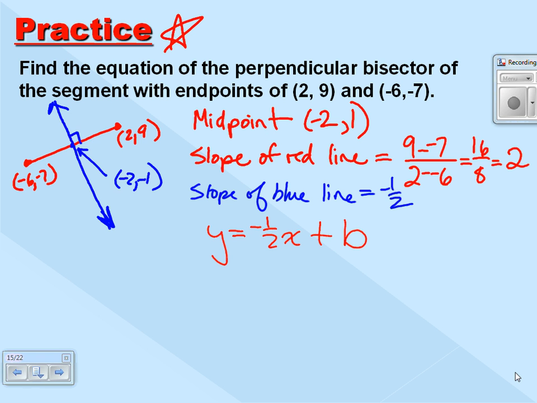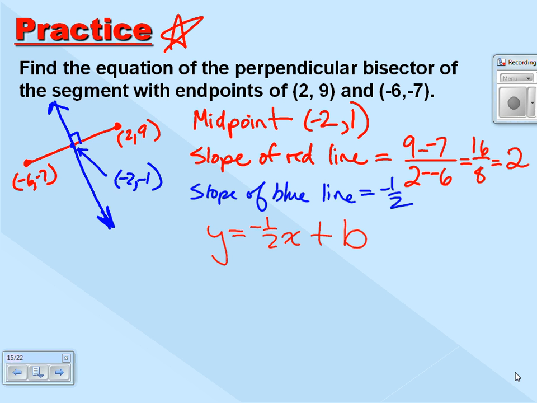Is there a point that I know on the blue line? Yes, I do. It's also a point on the red line too. It's the midpoint that I just found out earlier. The point -2, 1 is the midpoint of the red line, and the blue line crosses through it.